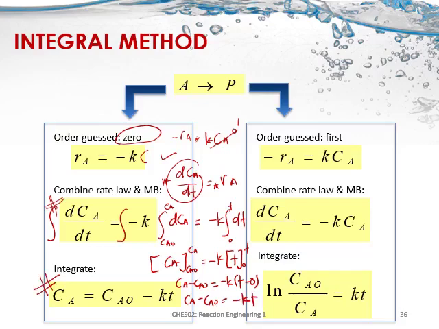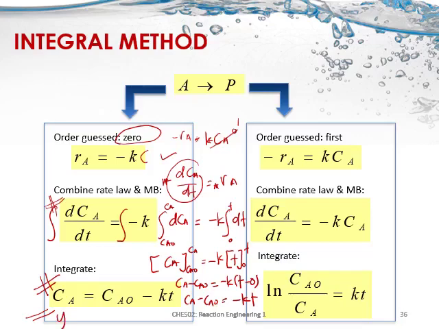What you need to do next is to plot a graph. Remember, to plot the graph, it should be a linear relationship. Linear relationship meaning this is your y, okay, and which one is your x? You need to have a slope, right?